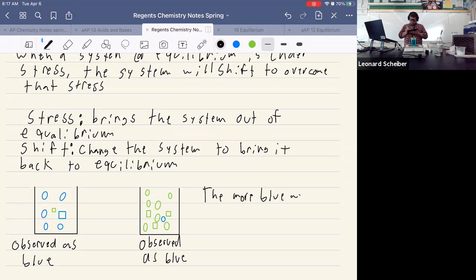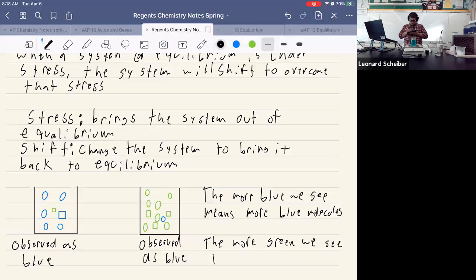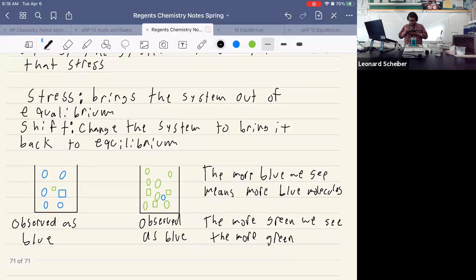More blue we see means more blue molecules. The more green we see, the more green molecules. Okay. So that's really important to remember for today for when we're looking at what's going on with the system.